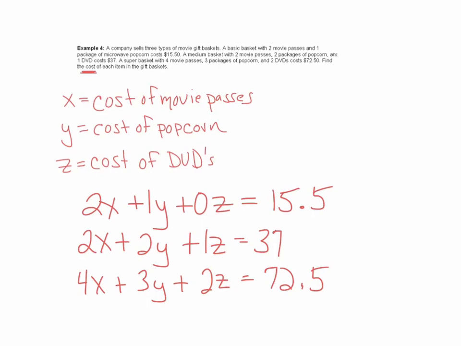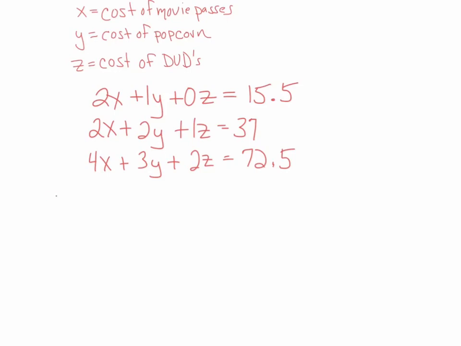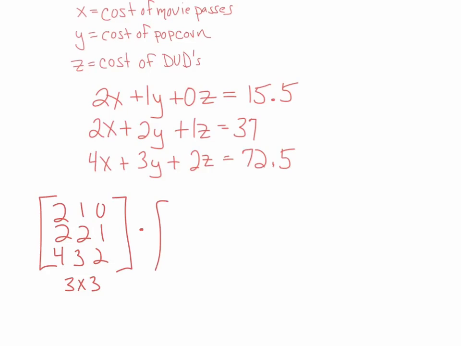There it is. 3 equations, 3 unknowns. So when we go to write our matrix equation, we're going to have a 3 by 3 matrix over here. This is going to be 3 by 3 because I have 9 elements to fill in. And then this will be times x, y, z.